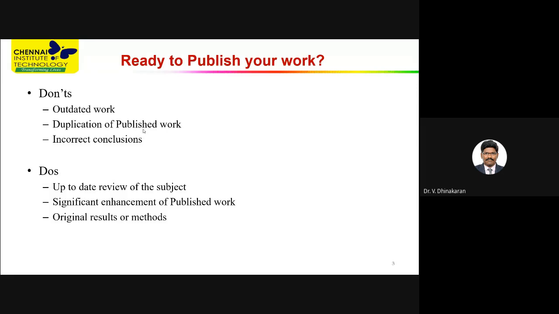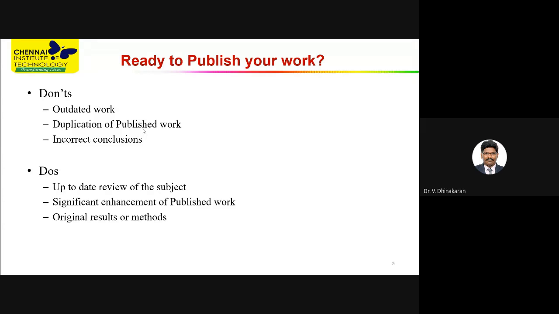If you are not doing a thorough literature review, half of the work might have been carried out by you, but when you further verify the literature, that work might have been done by someone else. So upon a thorough literature review, you will be able to avoid duplication of published work. You should not copy others' work and publish it. You should be very careful about this.